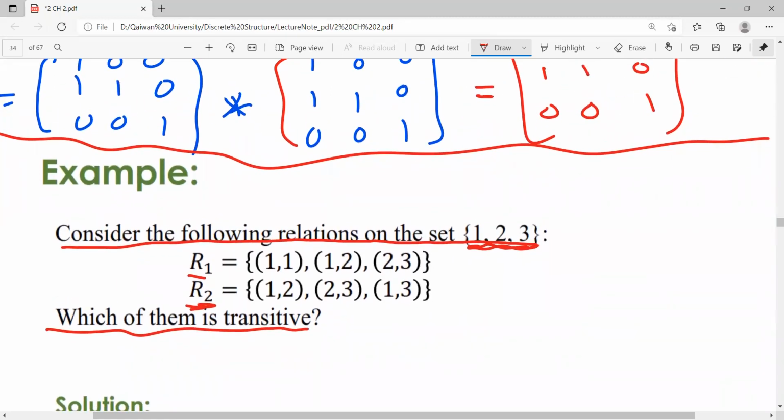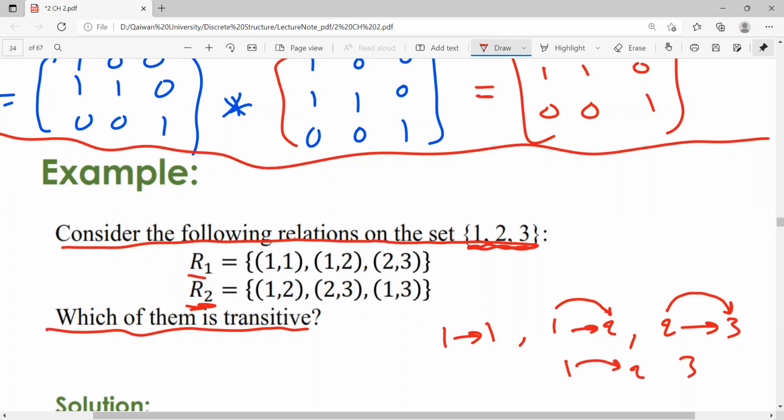Here we have only 3 relations in R1: 1 related to 1, 1 related to 2, and 2 related to 3. Look, 1 is related to 2, and also 2 is related to 3. That means from 1 to 2 we have a relation, and 2 to 3 also.